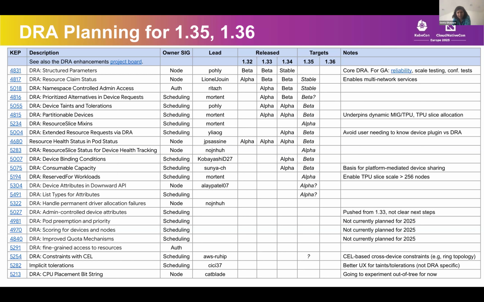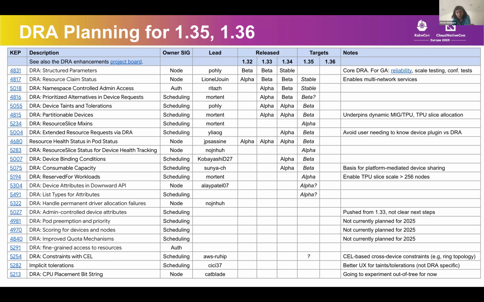I guess reserved for might be related, but I'm not sure. But some UX for handling multi-host, which probably is not core DRA, is required for the end-to-end flow, to instantiate at the right level.